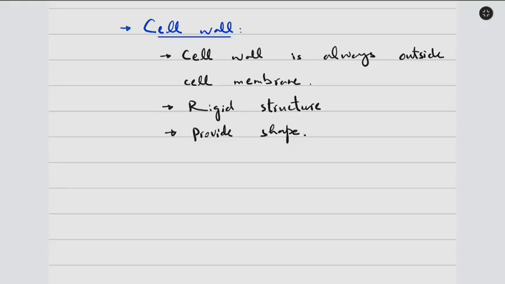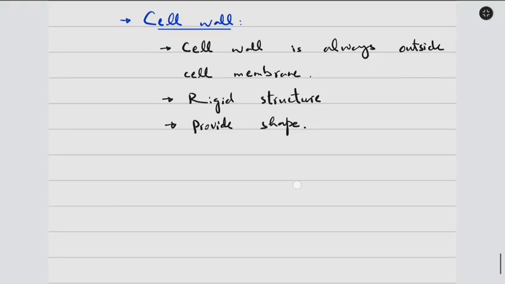That allows you to think, what if there is no cell wall? Are there bacteria which do not have a cell wall? Yes, there are: Mycoplasma and a few others. If they don't have a cell wall, then their shape could be slightly changeable.